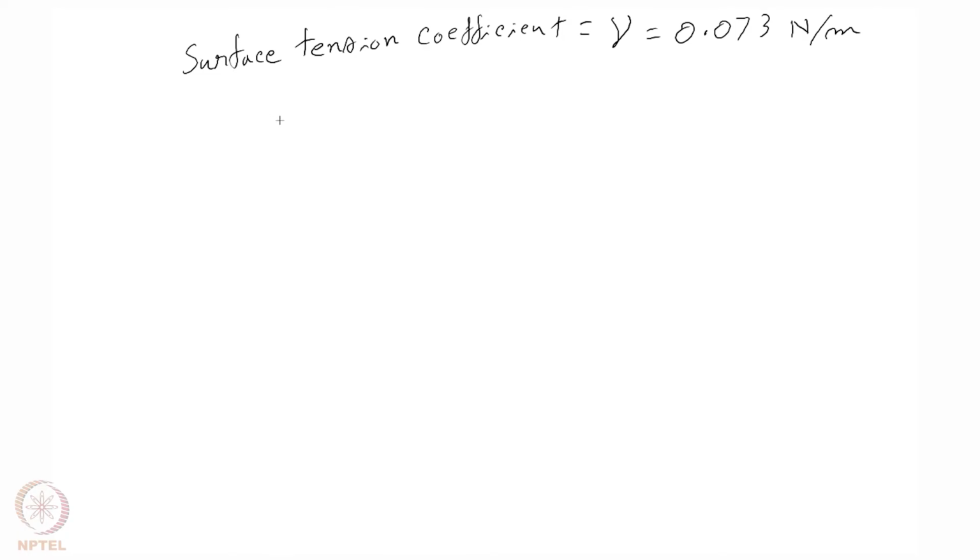Now, what is surface tension force? So, this will act upward. Let us call it FST, the surface tension force, is equal to gamma into S.